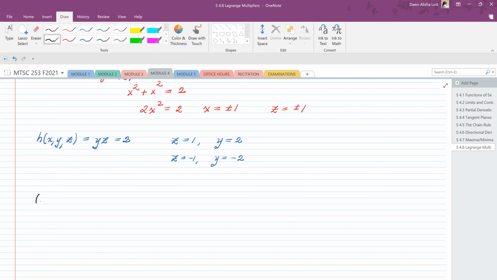X can be 1, Z can be 1, and Y can be 2. X can be 1, and Z can be -1, and Y can be -2.